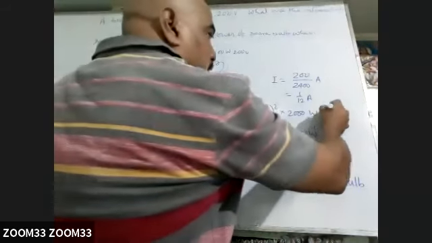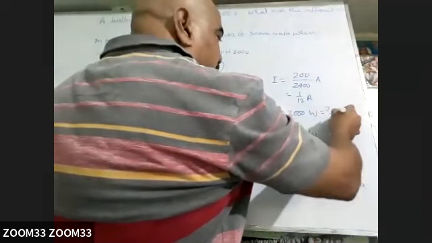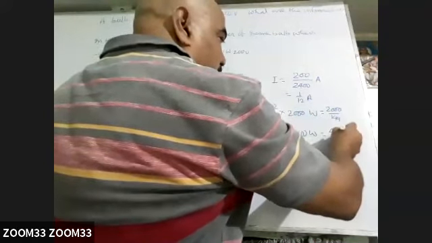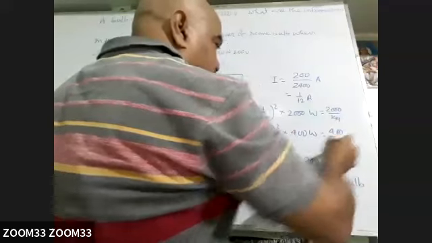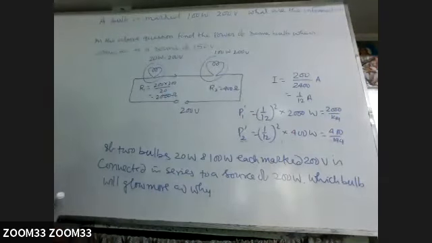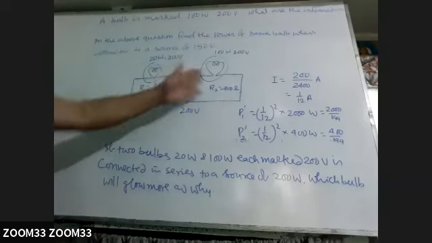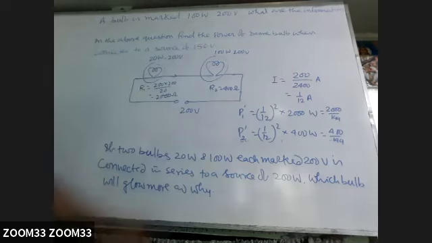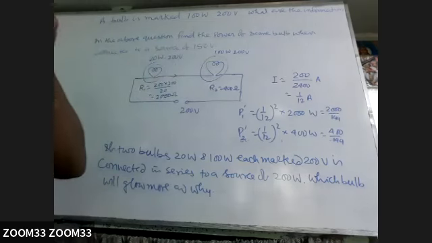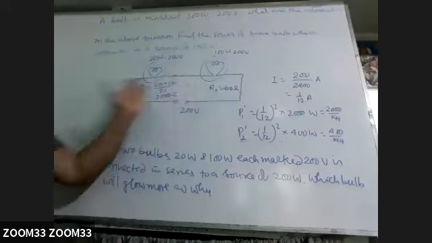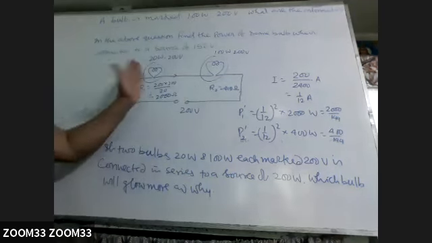So it is 2000 by 144, and this is 400 by 144. So this power will be more, almost 5 times. Though this bulb has more capacity for glowing, it will not glow more now. This one will glow more.